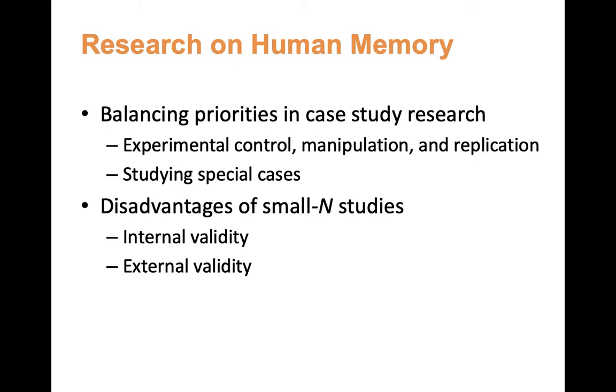Second, the researchers deliberately designed tasks that were meant to isolate and test different aspects of memory, such as the difference between declarative memory and non-declarative memory. So there's still the opportunity to use that control in the manipulation of an independent variable. And then there's, of course, the ability to replicate.